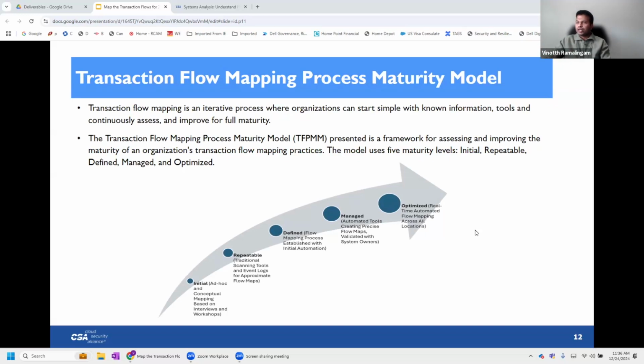So define using tools like automation, which you talked about, which eases the transaction flow for a complex environment, and then make it more managed by creating policies and other steps, and then have an optimized way so that it's standardized and automated across all platforms and locations.